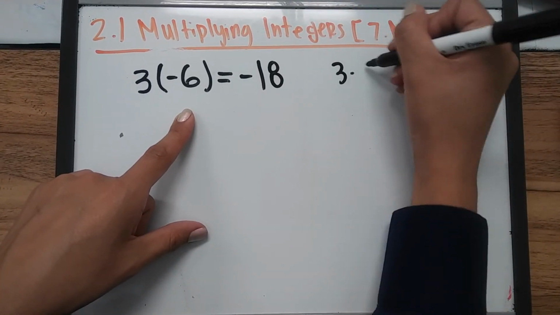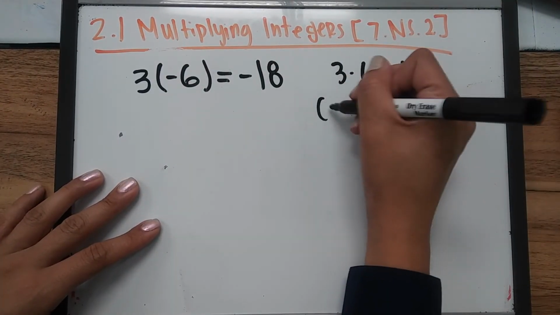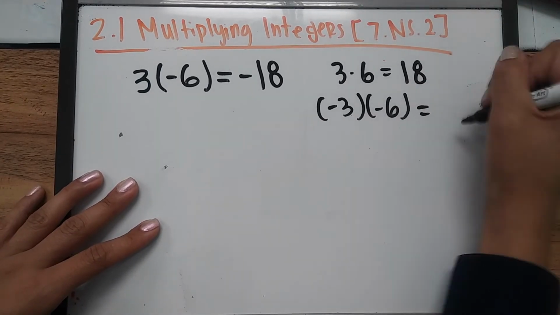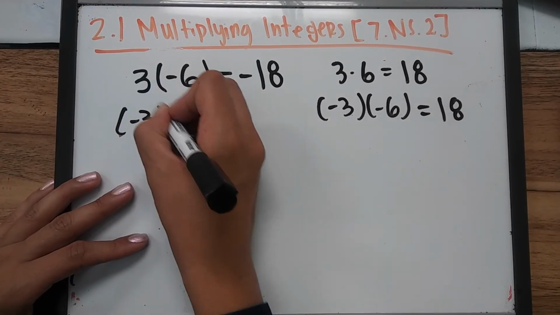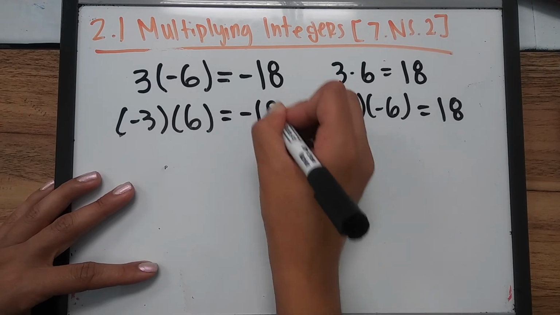If I have 3 times 6, that's just positive 18. If I have negative 3 times negative 6, because they have the same sign, I'm going to end up with a positive number, which is 18. If I have negative 3 times positive 6, again different signs, negative relationship, that's going to be negative 18.